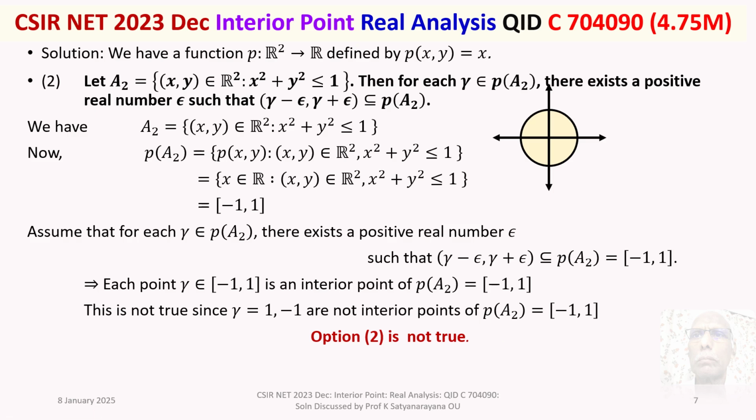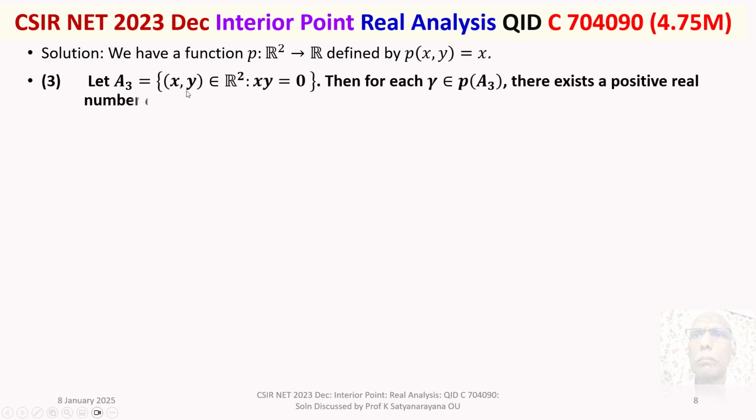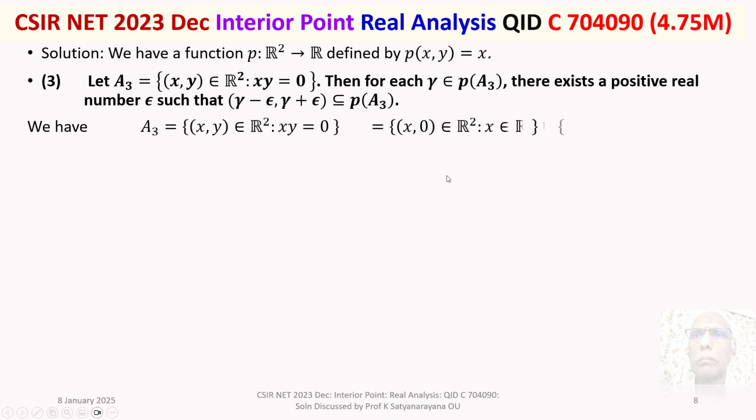Right, we move to option 3. Now this time, A3 is the set of all ordered pairs x comma y belongs to R square such that the product xy is equal to 0. We have this one. So, what are all those ordered pairs such that the product x into y is equal to 0? This is the set of all ordered pairs x comma 0 belongs to R square, x belongs to R. That is precisely the points on the x-axis.